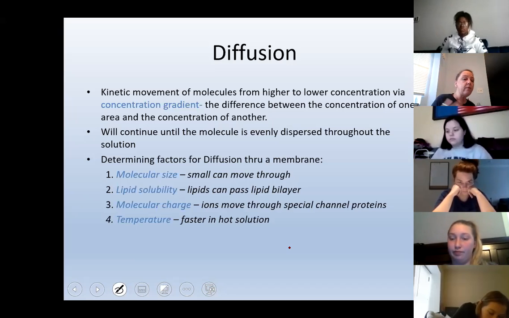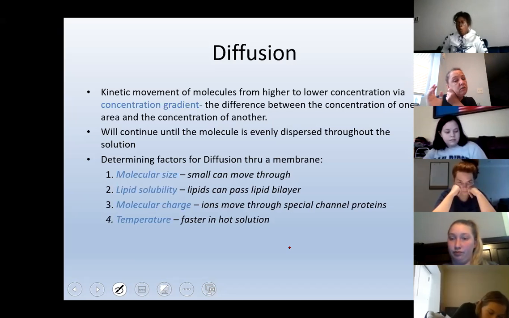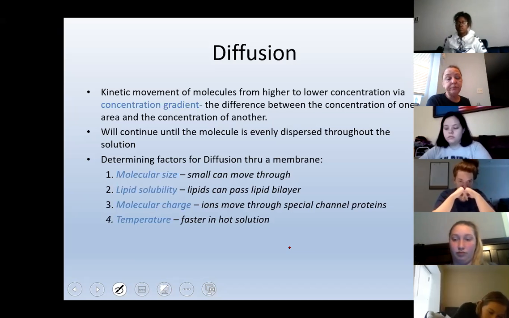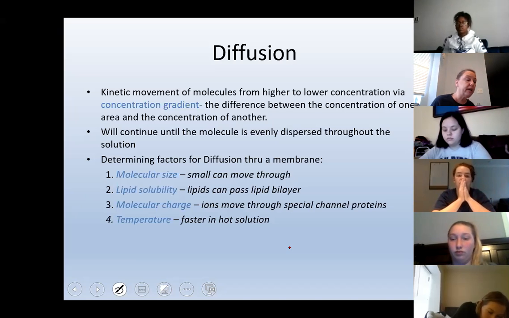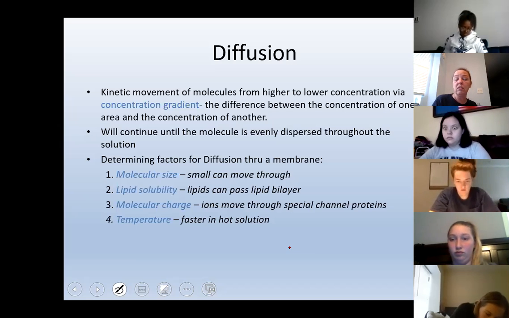Fat moves through fat, water not so much. Because fat moves through fat very easily, I don't need energy to do that. The charge of the molecules is going to determine how quickly, and then the temperature. Add heat to anything and it's going to cause stuff to speed up. The hotter it is inside the stadium, the faster I want to get my little butt out of there.